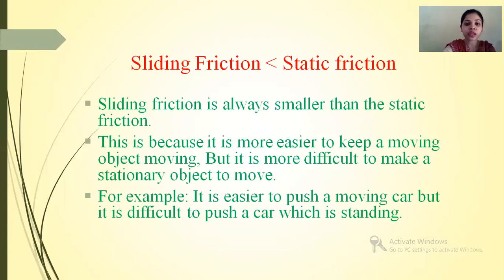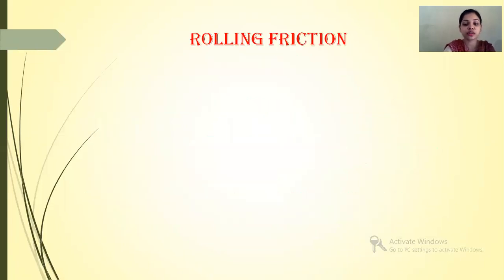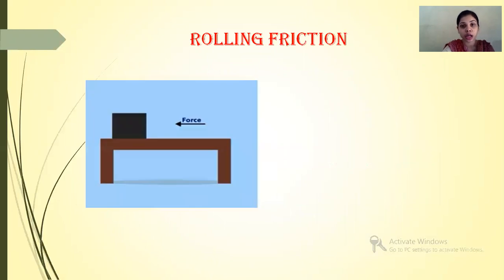Now the next friction is rolling friction. Consider that there is one box which I kept on this table. If I want to move this box from its rest position, what do I need? I need to apply some force to this box to move it from its position, right?